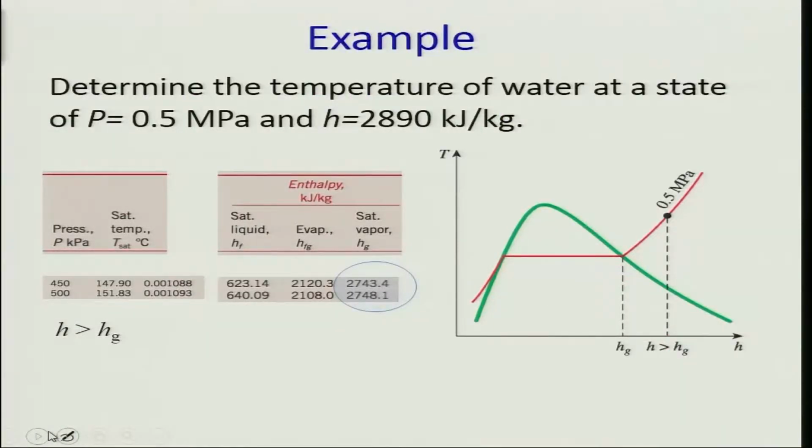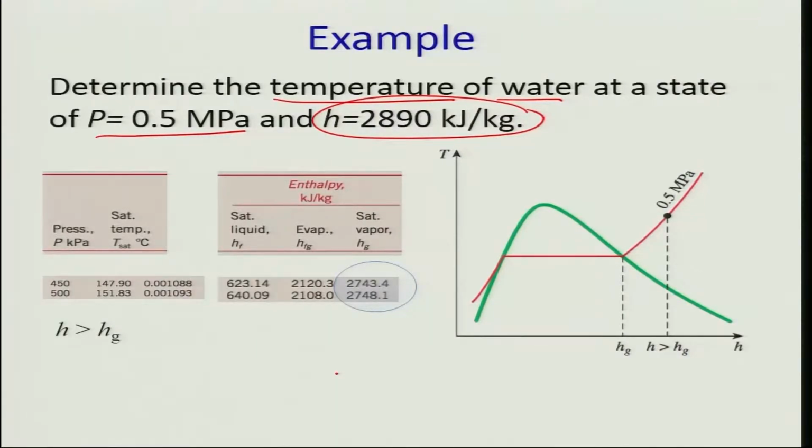This is the problem where we have to find the temperature of water at a pressure of 0.5 megapascal, and what we have been given is the specific enthalpy. The first thing we have to find out is the state of this water, because nothing is mentioned about whether it is a compressed liquid, saturated liquid, or superheated. The first thing is to identify its state, and you can look at the table for that.